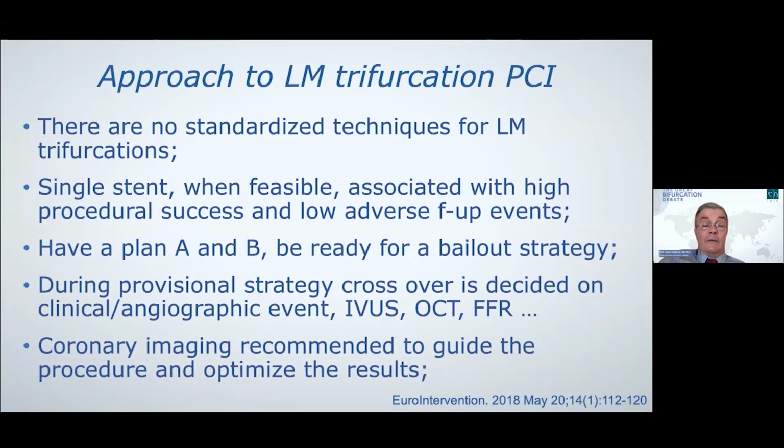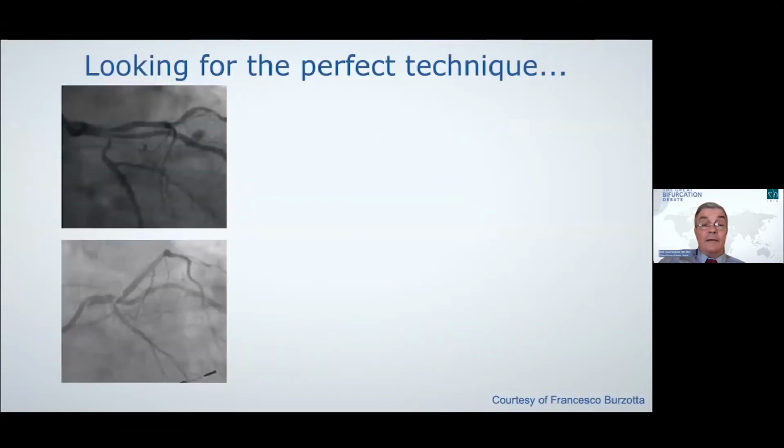And what we recommend is, of course, to have plan A and plan B, be ready to perform a bailout strategy if we have dissection or flow compromise. And during the provisional strategy, crossover is decided based on clinical and angiographic events, and we strongly recommend use of coronary imaging to guide the procedure and to optimize the result.